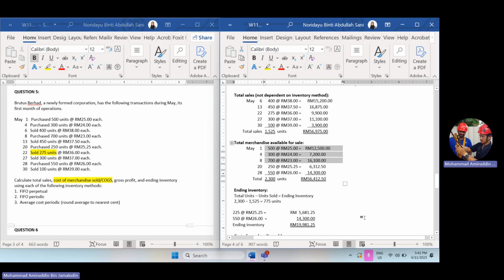Still not enough. 1,500, right? So another 25. I should take from here. So 250 I bought, 25 I sold. So what's left? 225. This is your purchase. This is your sold. Unit sold. Unit purchase. Okay. I have 250. I need another 25 to fulfill this one, right? Unit sold.